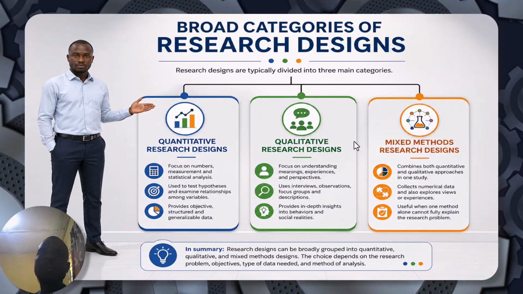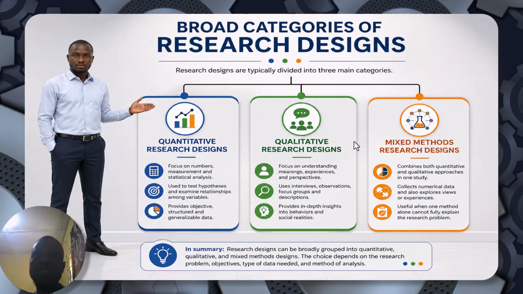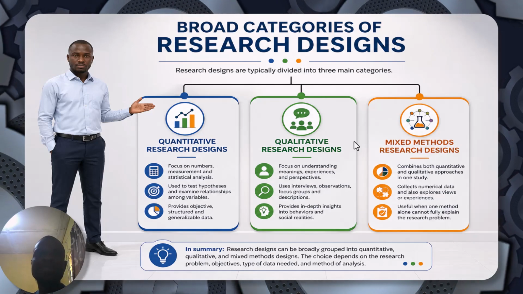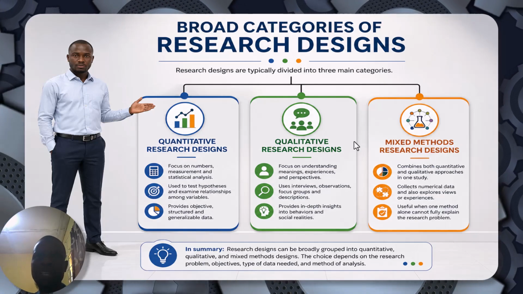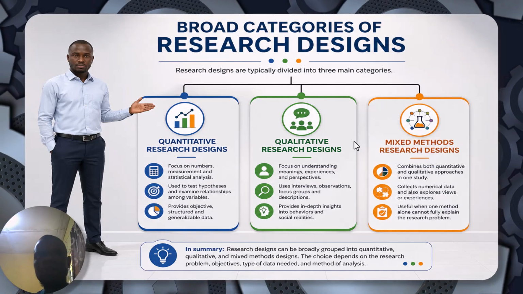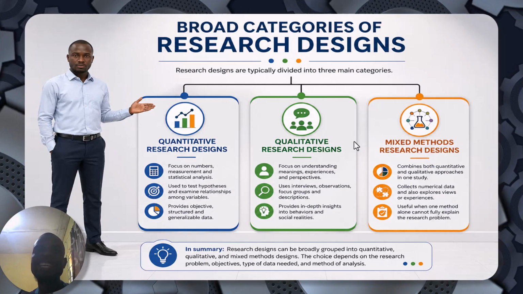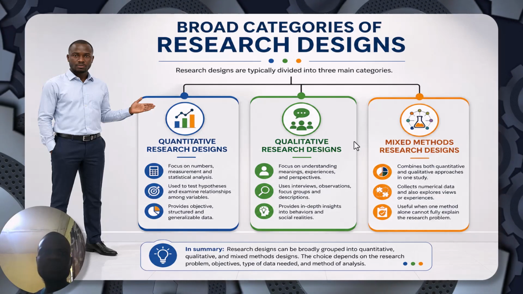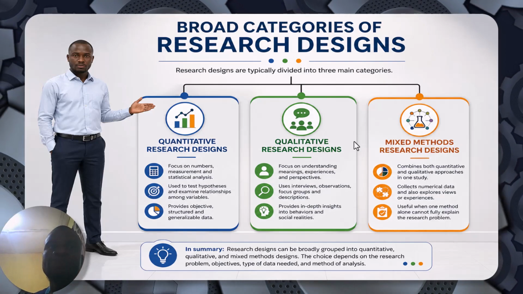This approach is becoming increasingly popular because it provides a more complete understanding of a research problem. For example, you might measure student performance using test scores and also interview students to understand their learning experiences. The combination of data and contents make your findings stronger.